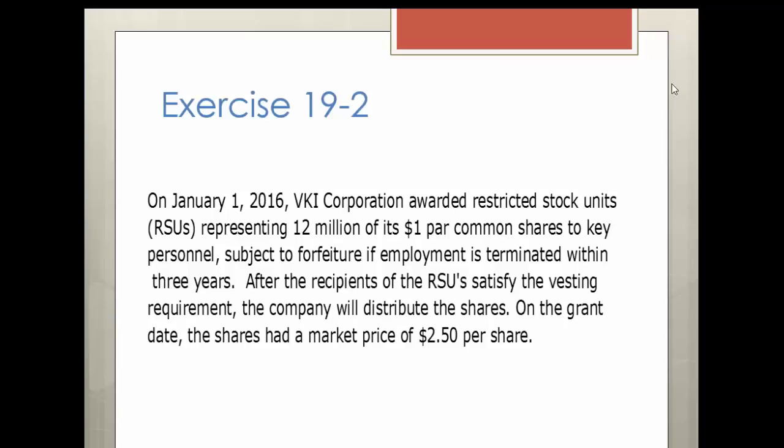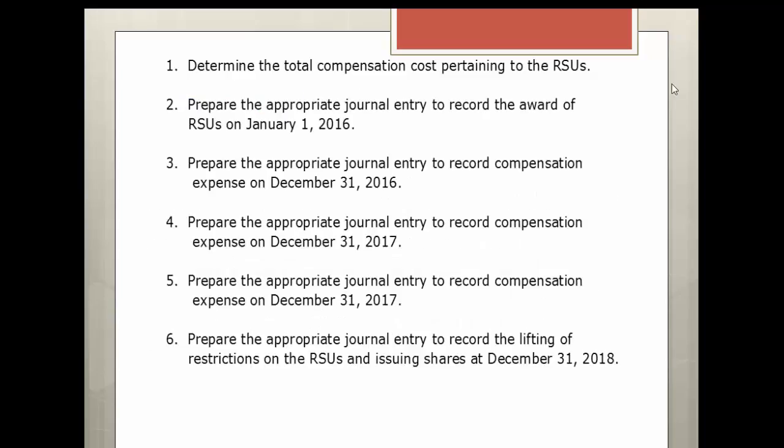Continuing on, we want to find out the total compensation for these restricted stock units. We want to prepare the proper journal entries as of January 1st, 2016, and then a year-end journal entry. We'll just do the year-end entry for the first year, but what we really want to focus on is what's taking place at the very end.